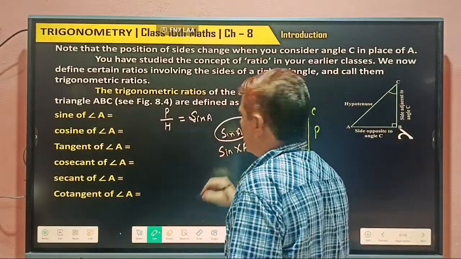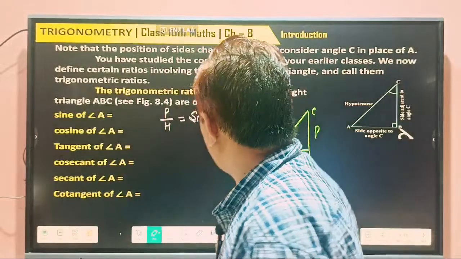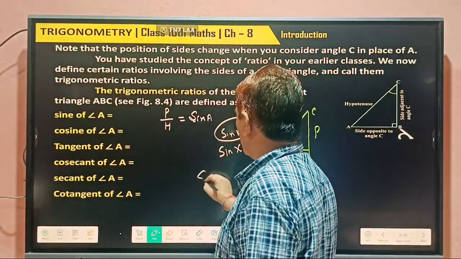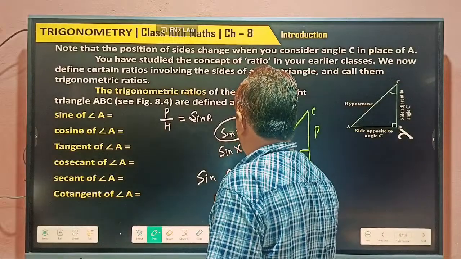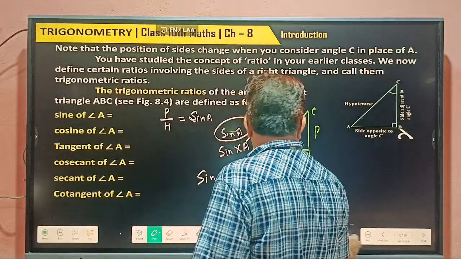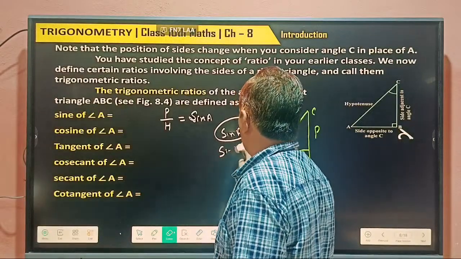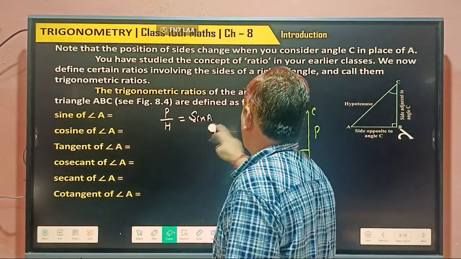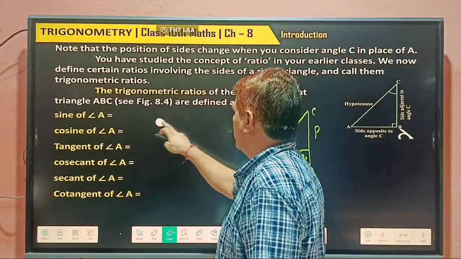This is saying sin of A. It's not a product, and without this sin and A, there is no meaning. So what we will do is find out the ratio of the sides, three sides.